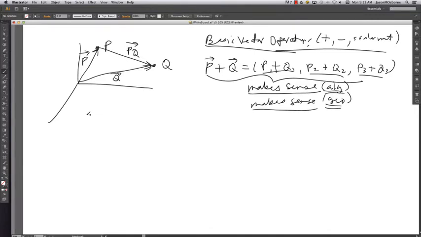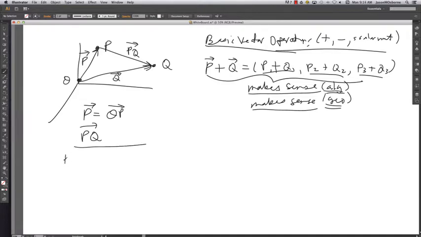So let's take a look at the vector P, which is the same thing as the vector from the origin to the point P. And let's take the vector P to Q, okay? And let's add those together.